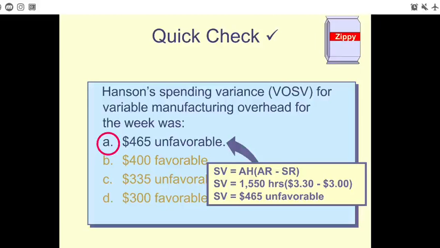So you can see the actual rate is higher than the standard rate, so the variance is unfavorable. So the answer is $65 unfavorable. So you can see that the most important thing is to memorize the formula.